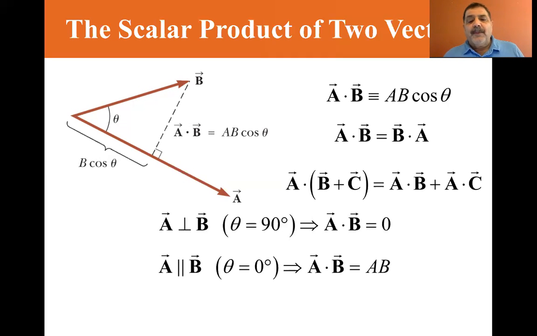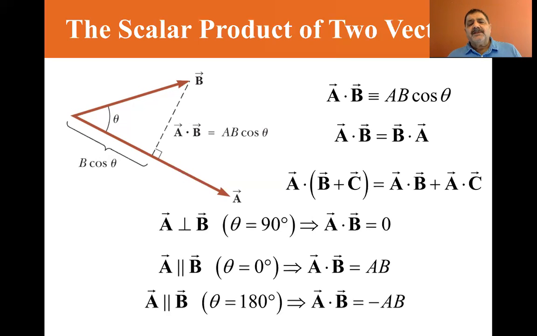If the two vectors are parallel, then the angle between them is 0, and the cosine of 0 is equal to 1. So A dot B in that case is just equal to AB. And if they're parallel but in opposite directions, the cosine of 180 is -1, and so A dot B is minus AB.